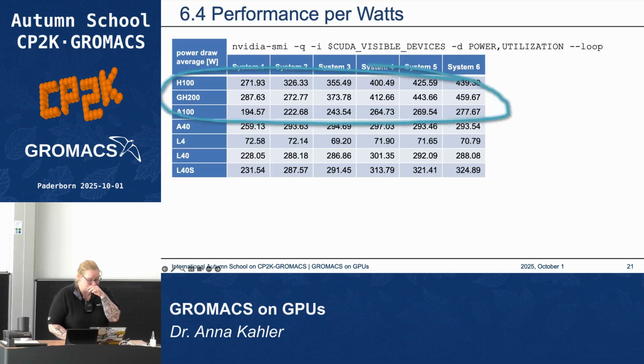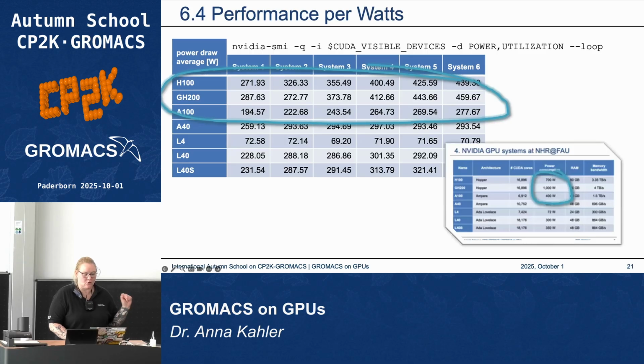So when we look at these numbers, this is the power draw for the benchmarks. And these numbers are significantly lower than what we saw on the data sheet from the GPUs. And that tells us that the GPUs are not used to their full capacity with these benchmarks.